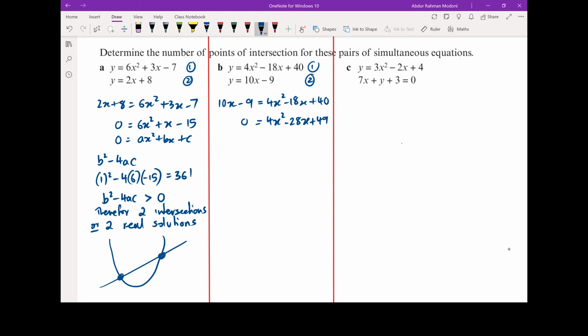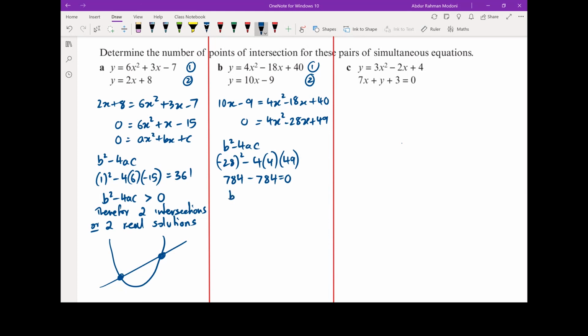And the discriminant here becomes minus 28 all squared minus 4 lots of a times c, which is 784 minus 784, which is equal to 0.